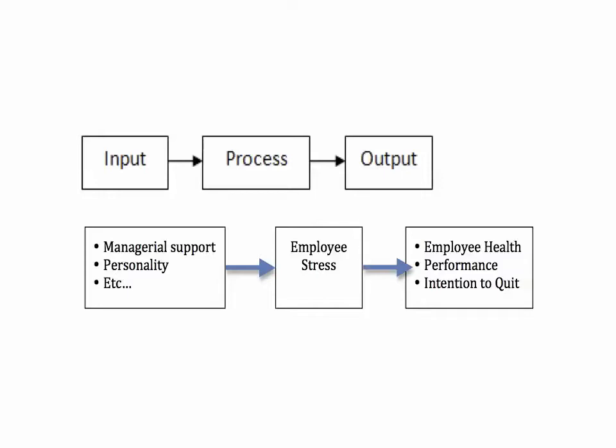So Professor Williams, I want to study employee stress. And so you can go out and you can get a definition on employee stress, and that's good. But what we really need to be thinking about is this from a systems standpoint. And really, what impacts employee stress, and what does employee stress impact? So really, that's what we want to think about when we're reading and doing these articles.